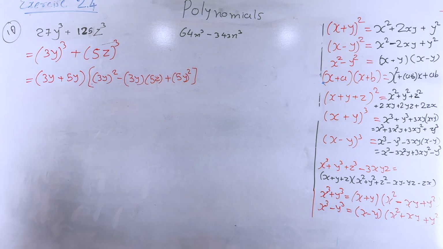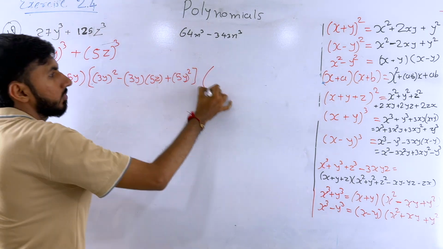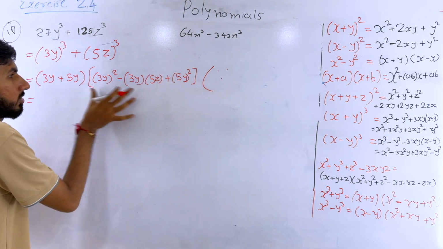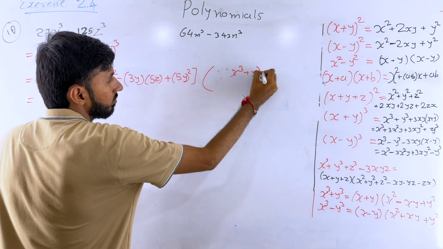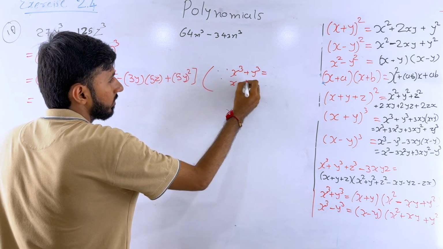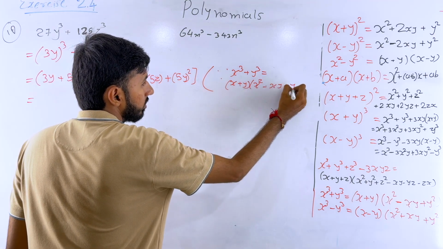Now once you get this, you have to mention why you have written this. So you have to mention the identity x cube plus y cube equals x plus y in the first bracket, in the second bracket x square minus xy plus y square.